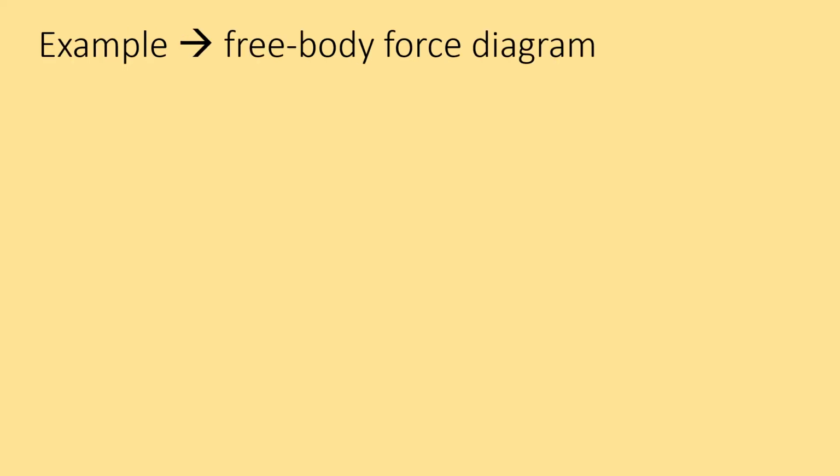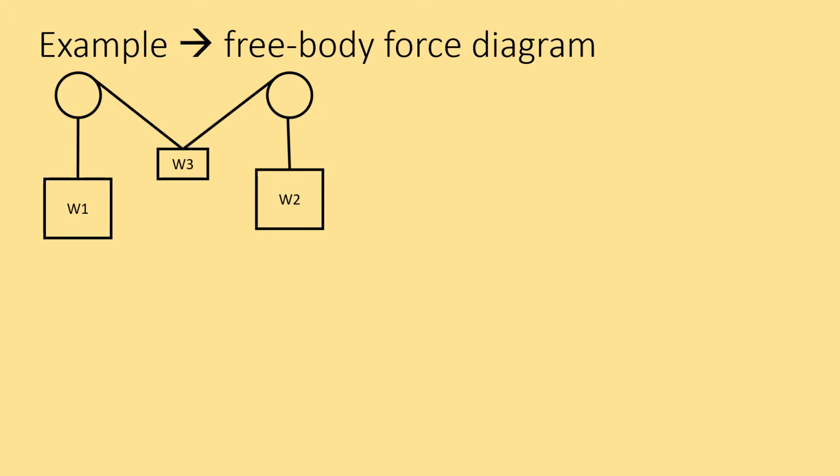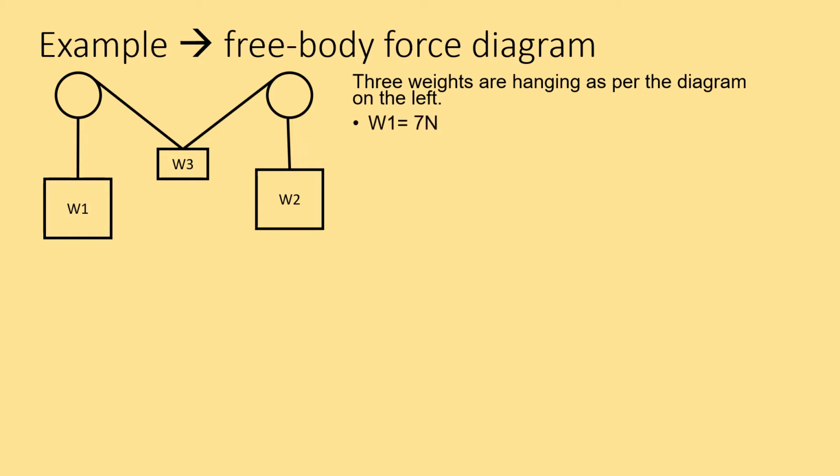So let's look at an example. If I have 3 weights attached to a pulley system, weight 1 and weight 2 are attached at either end of a pulley, and weight 3 is suspended in between the 2 pulleys. Now, if we say that weight 1 is 7 newtons, weight 2 is 9 newtons, weight 3 is 8 newtons.